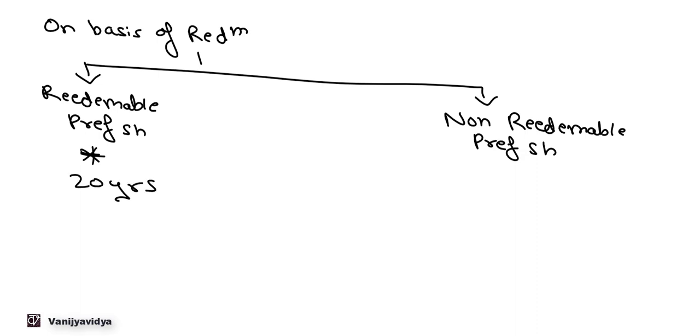Only in case of certain specified infrastructure projects is the 20-year limit extended. Otherwise, the tenure of redemption should not exceed 20 years, as per section 55 of the Companies Act.